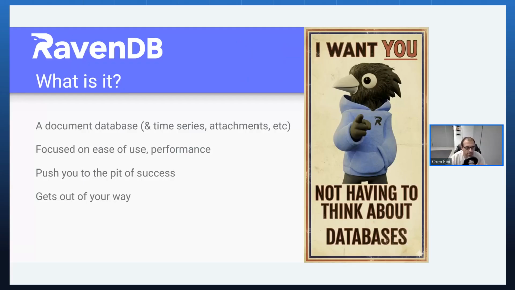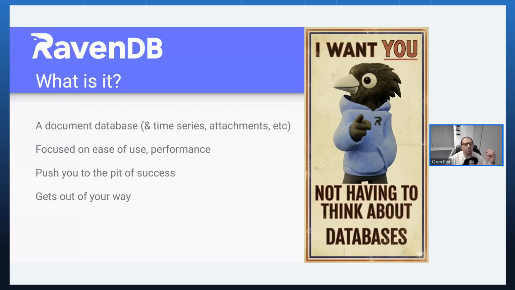RavenDB is a document database. It mostly deals with JSON documents. It can also deal with binary data, time series, etc. The primary reason RavenDB exists was my personal frustration about how complicated it is to actually get stuff done with the database. You might be familiar with the DBA saying, no, I cannot do that.